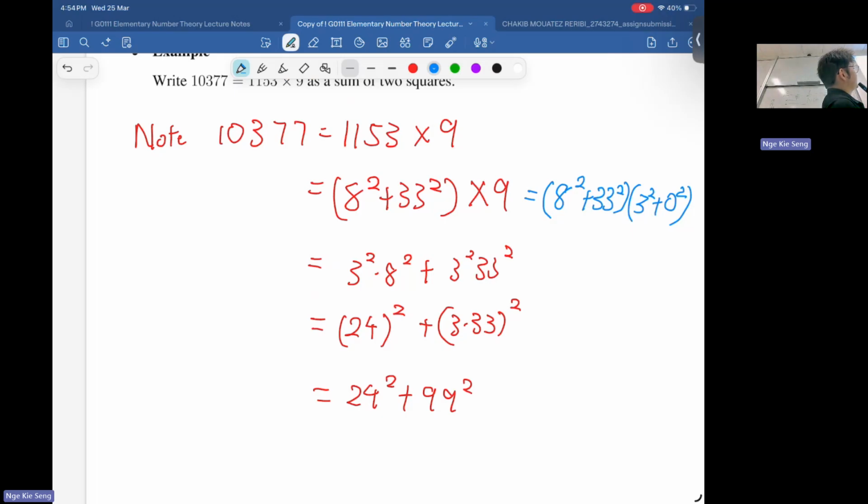So sorry, the screen is a bit laggy. Or you can realize 9 as 3 squared plus 0 squared. Then you use your product of sum of two squares, then you will get this thing. Because one of the terms you multiply with 0, right? So that's why you only get one term from each.